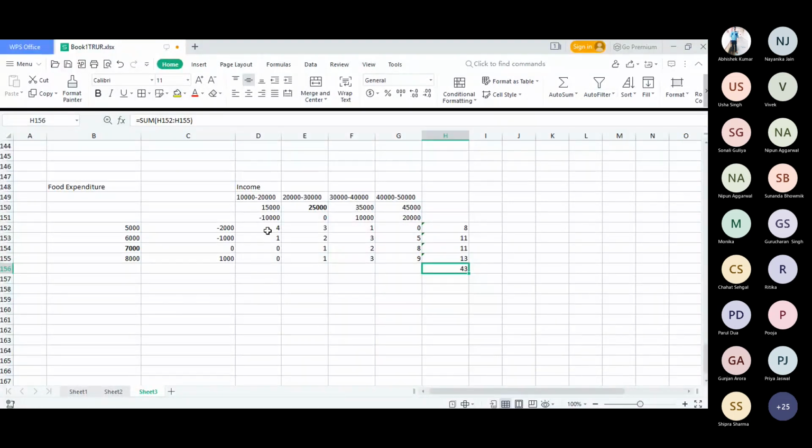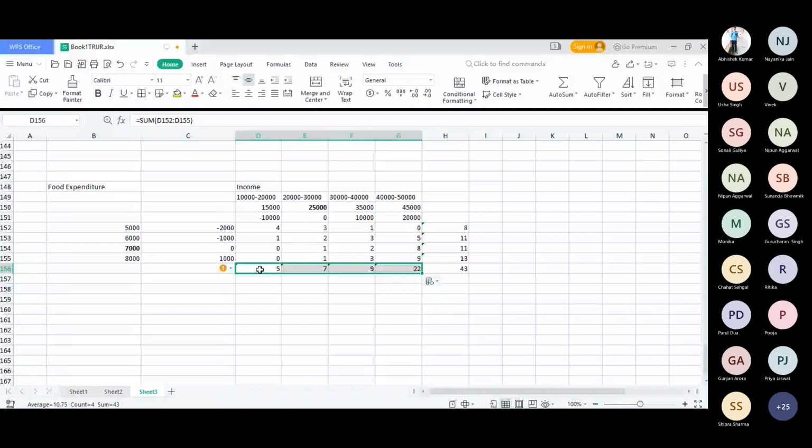If you do it horizontally or vertically, the answer will remain the same. Let's suppose we take this side also. This is 5. Similarly, you can add all these values and the total of this side also comes out to be 43.